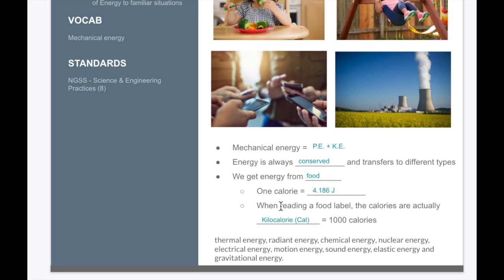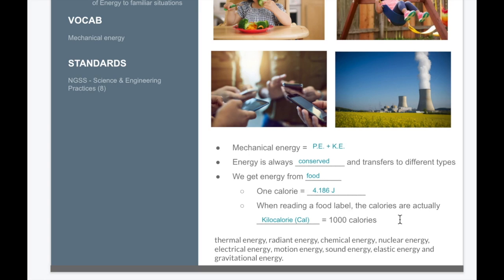Okay, but whenever we read food labels and you ask how many calories are in this can of soda, the calories are actually kilocalories. So remember, kilo is 1,000 times the base unit. So if calorie is the base unit, kilocalorie equals 1,000 regular calories. Okay, so just an important thing to note there.